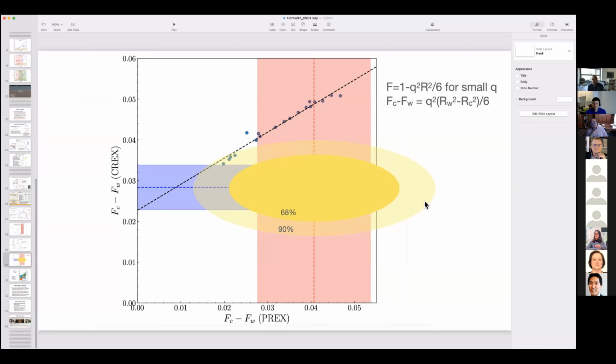But certainly the accuracy of CREX is much better than the spread in a variety of theoretical models. Okay, so it's already good enough to be competitive with other ways of constraining three-nucleon forces, say from neutron-deuteron scattering, or systems like that.